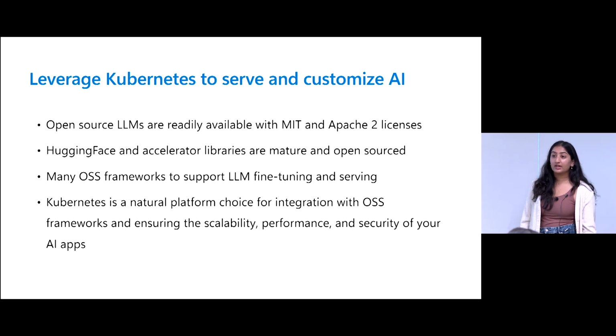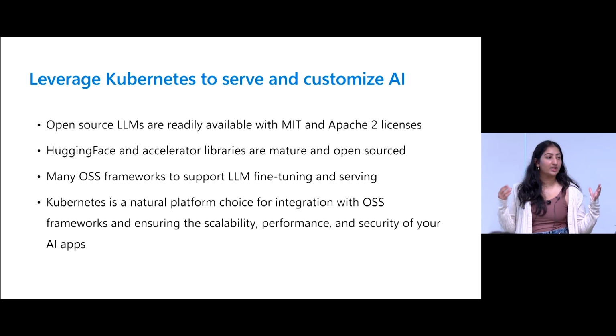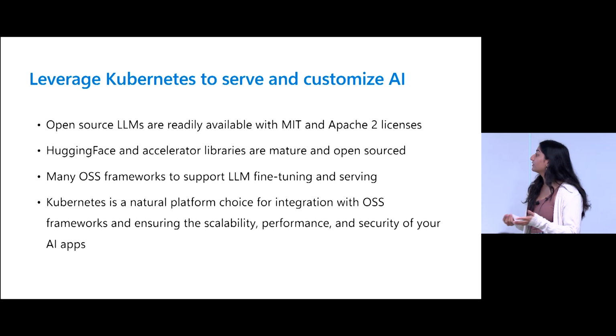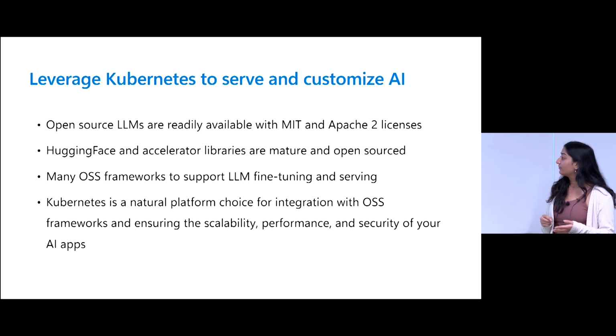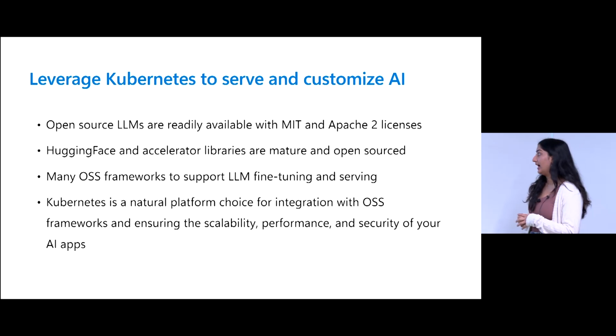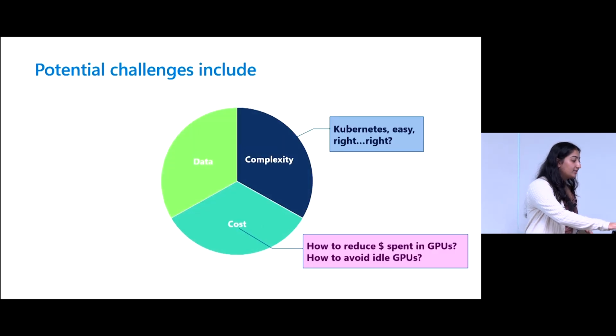Different OSS frameworks and serving engines like vLLM are out there and help improve those specific types of serving workloads. And Kubernetes is a natural platform choice to bring together all of that open source tooling and integrate it for scalability, performance, and security of your AI apps. But this might not be so easy.